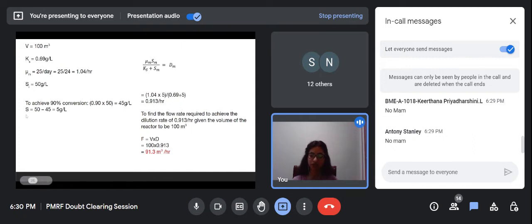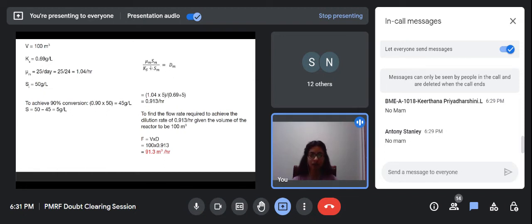So the substrate that is going out of the outlet is 50 minus 45, which is 5 grams per liter, right? So that means input is 50 grams per liter, but since you're using 90% of it, all that is left and going out of the system is 5 grams per liter.